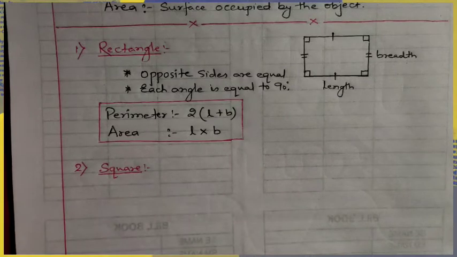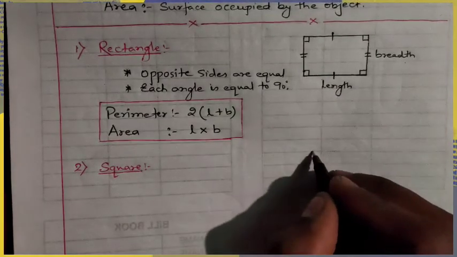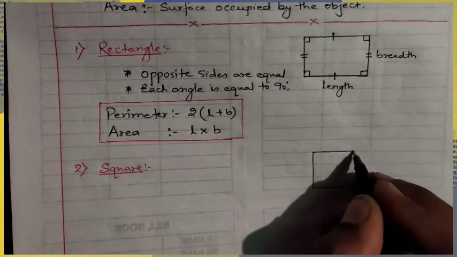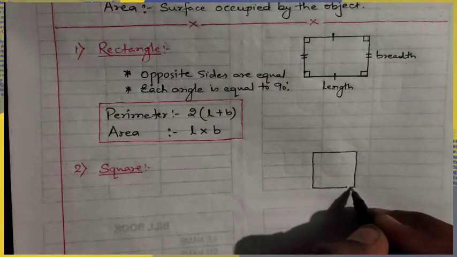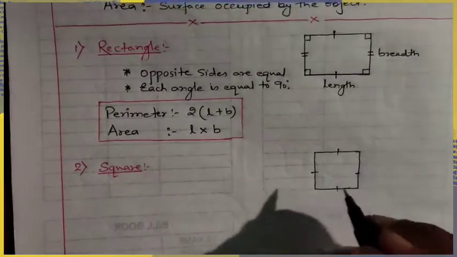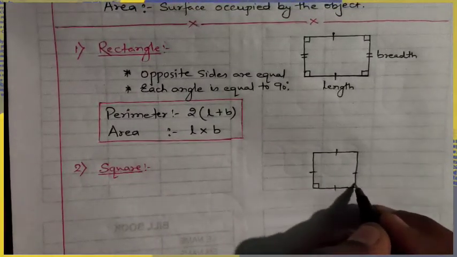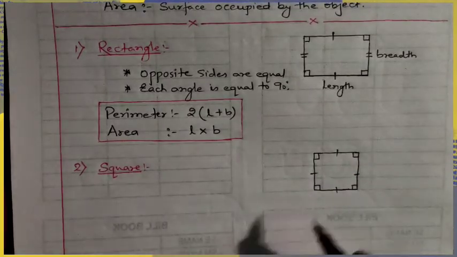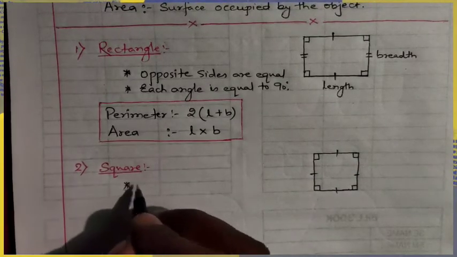Our next figure is square. A square is also a closed figure whose all sides are equal, and every angle is equal to 90 degrees.